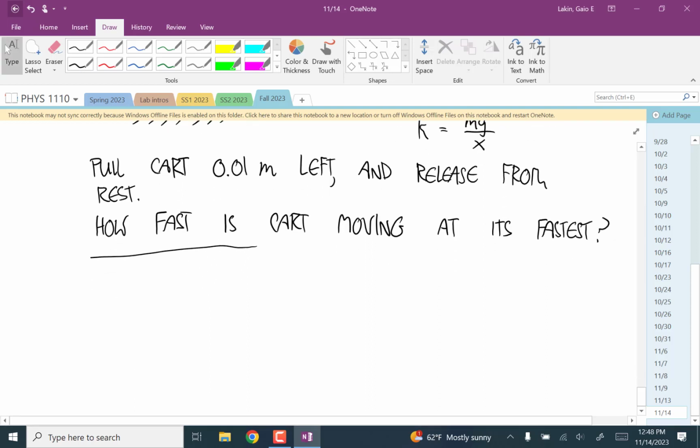Okay, so the first thing we have to think about is, can we use conservation of mechanical energy for this? And so again, let's start with the free body diagram and think about the forces acting on it. There's gravity, a normal force from the ground, and then there's a spring force that's sometimes going that way, sometimes going the other way.